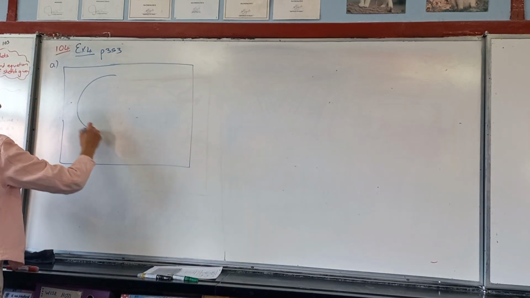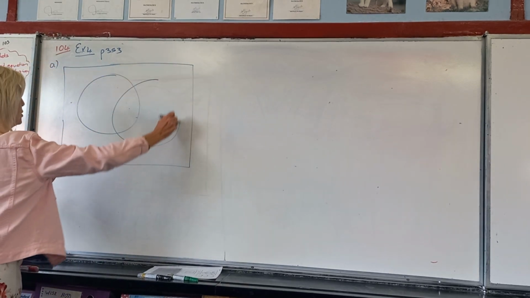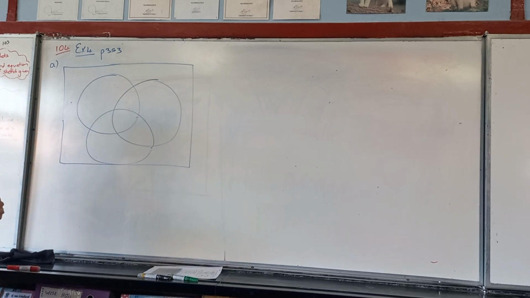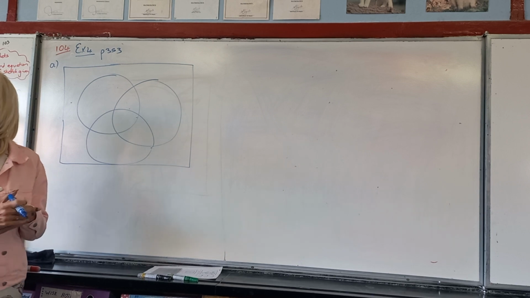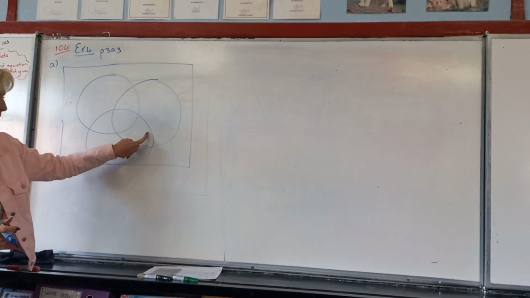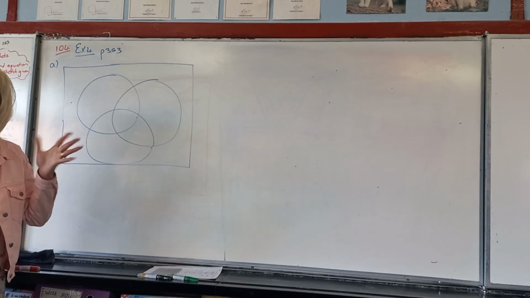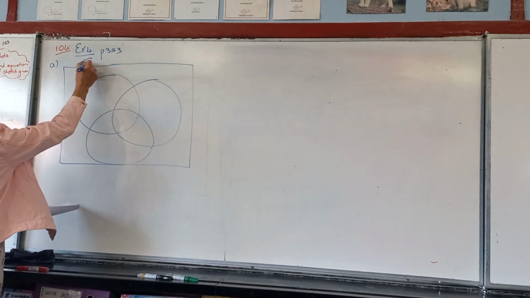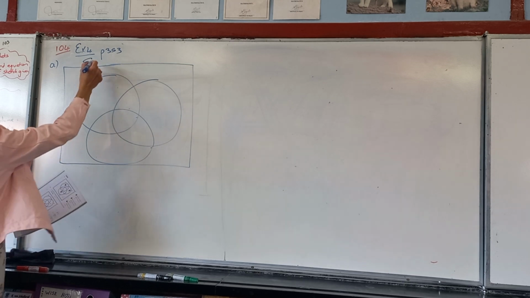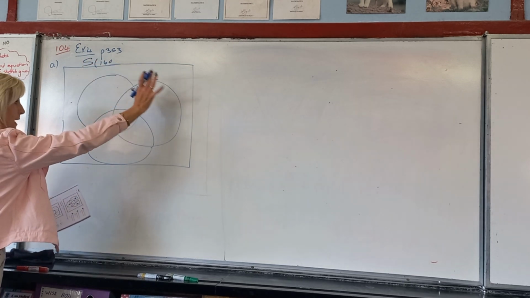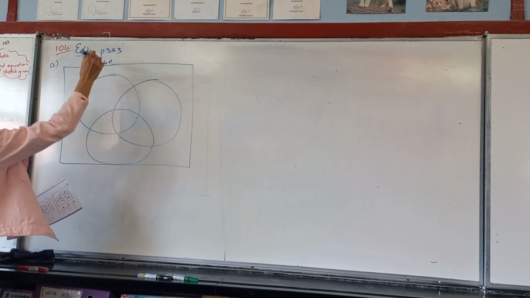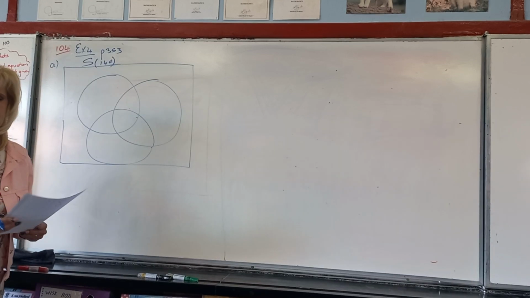So we've got 3 circles, and I'm assuming that there's going to be some intersection, and even if I sketch it with intersections and they don't intersect, then I'll just say, well, this is nothing. There's nothing there. No problem with it. Okay, so how many people were asked? That's my sample space. 160. So everything added together, inside of the circles and outside, has to add up to 160.